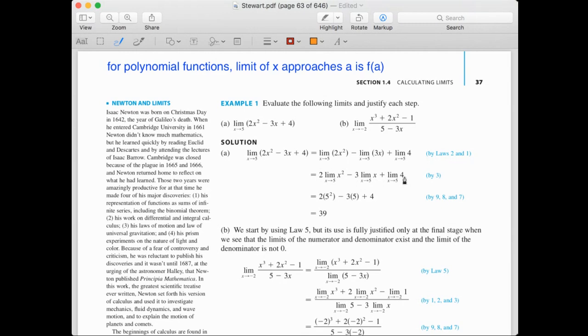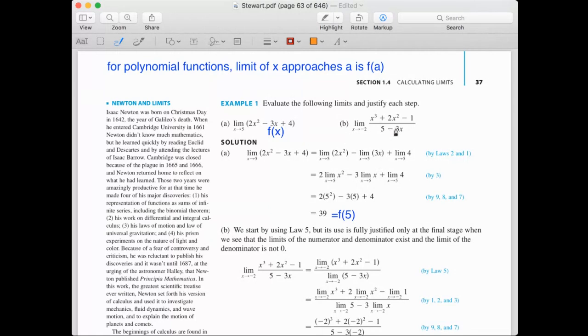Limit of a constant, limit of a number, is just the number. So we get 39. So if we call this function f, this is f of 5, f being evaluated at 5.